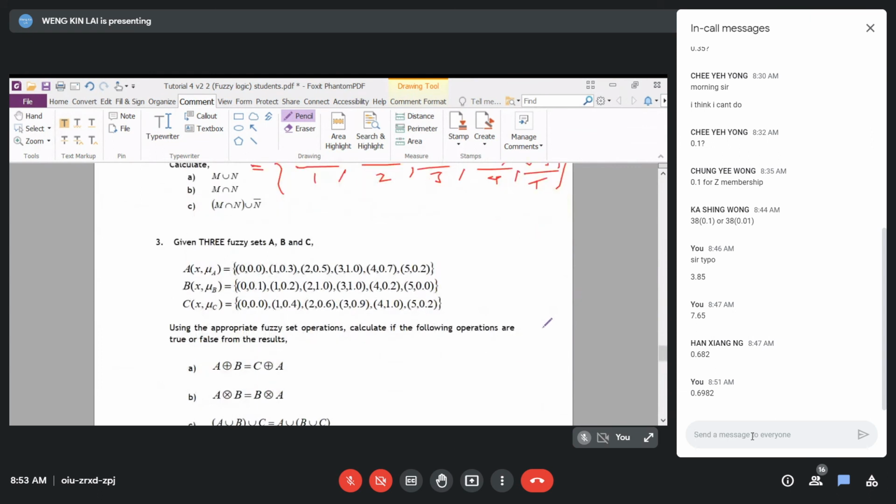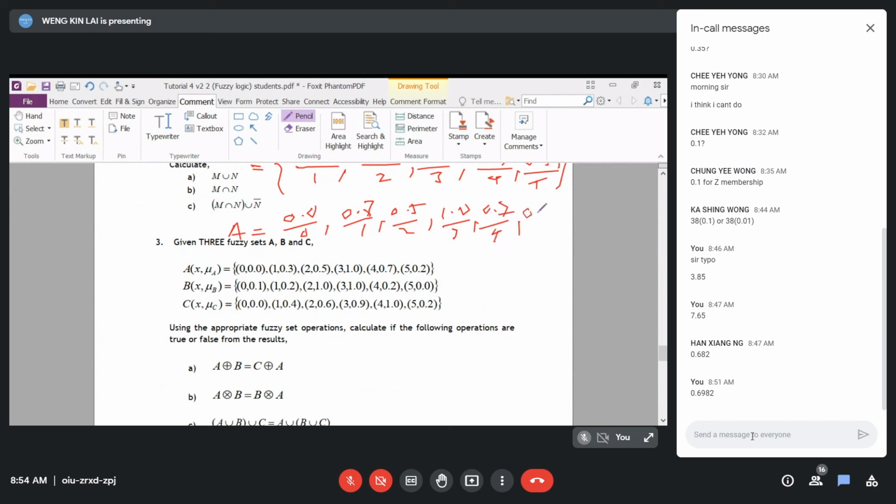Now, second one, there's another way of representing the fuzzy sets. So in this case, you have A, B, and C. This one is represented in a different way. It's inside a bracket. So if I were to draw back the same memberships for the sets here, I'll have this, and this one starts from 0, 0.3, 1, 0.5 for A, over 2, 1.0 over 3, then 0.7 over 4.